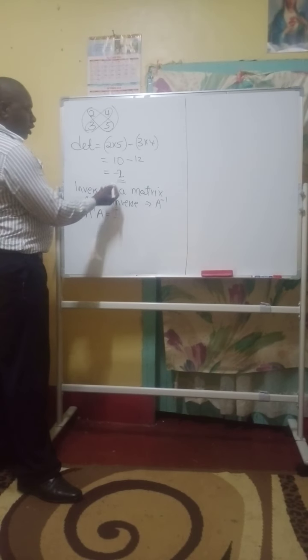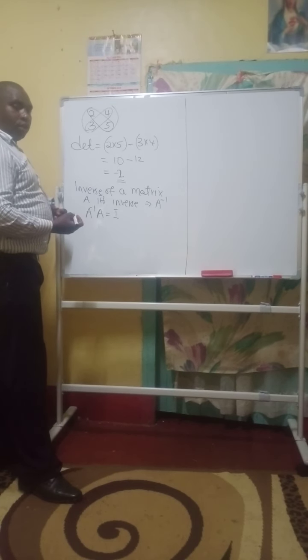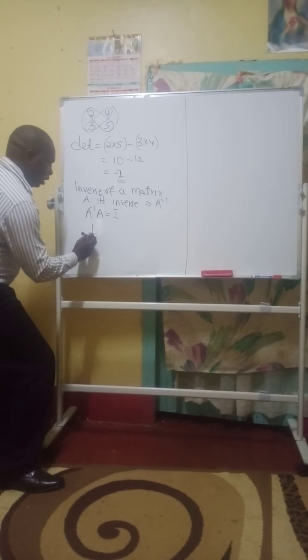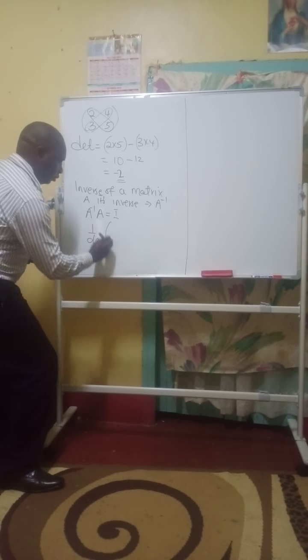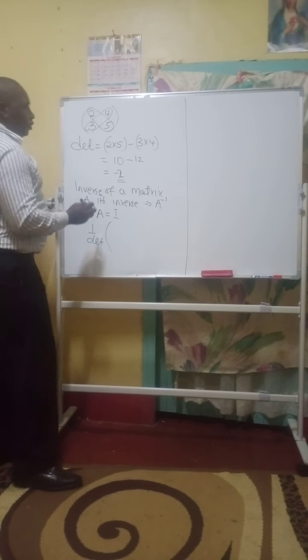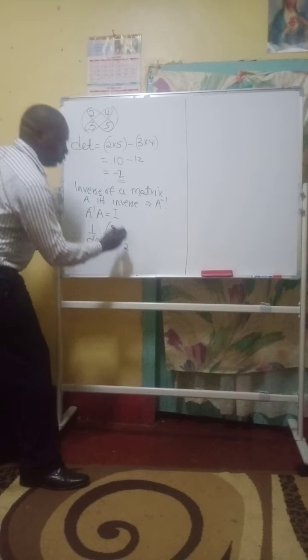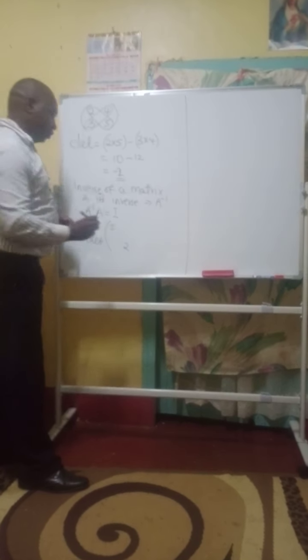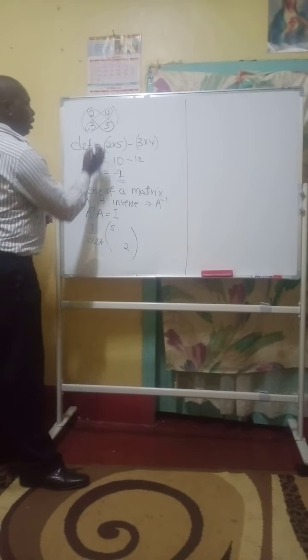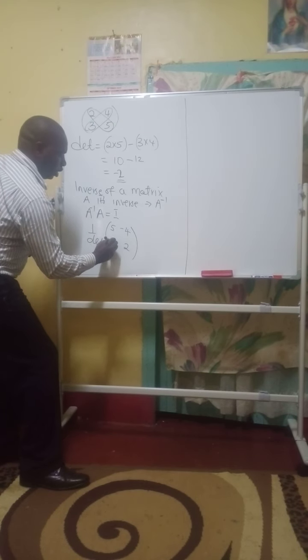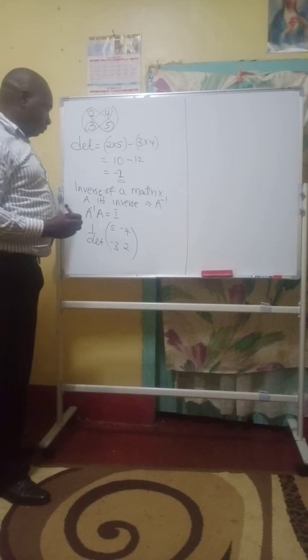Now, after getting our determinant, to get the inverse of a matrix, we will say 1 over the determinant, and then we interchange these values, that is 5 and 2, in the major diagonal, and then we multiply the minor diagonal values by negative 1, so that we have negative 4 there and negative 3 there.